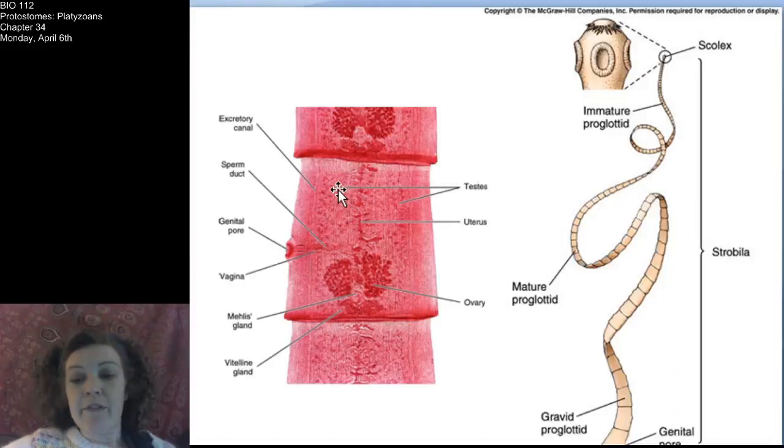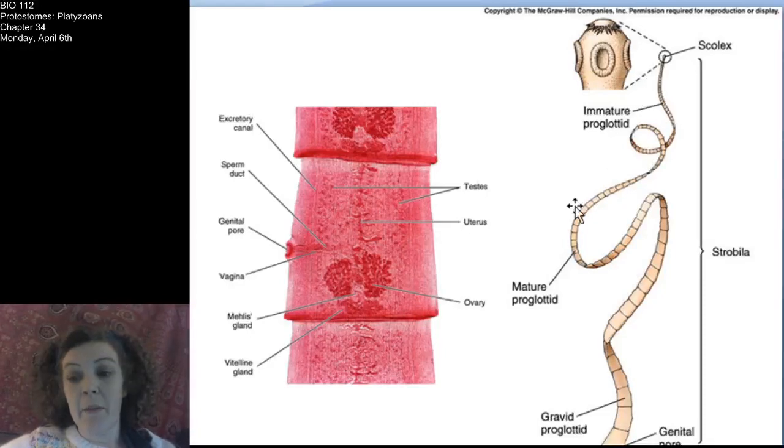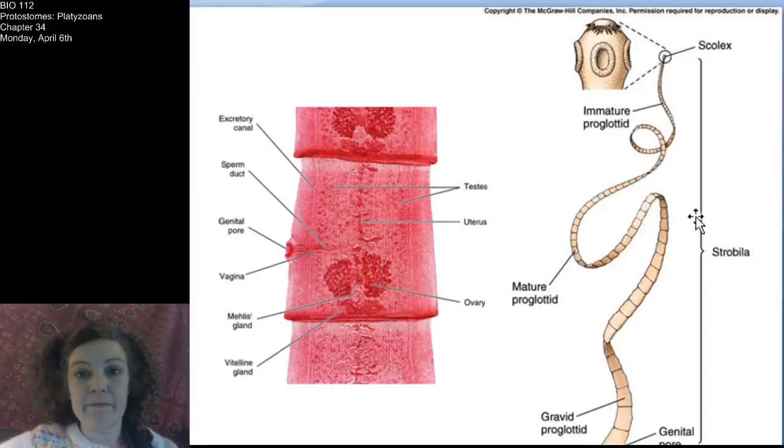It's hard to see here, so I'm not going to show you a slide and ask, where are each of the testes, or where's the uterus? But do know that each proglottid contains a complete reproductive system. So this is basically a bunch of reproductive systems.